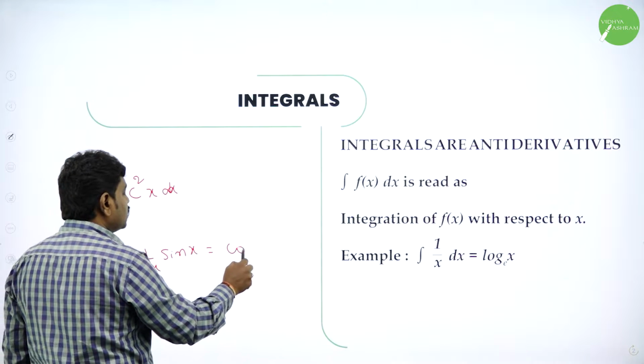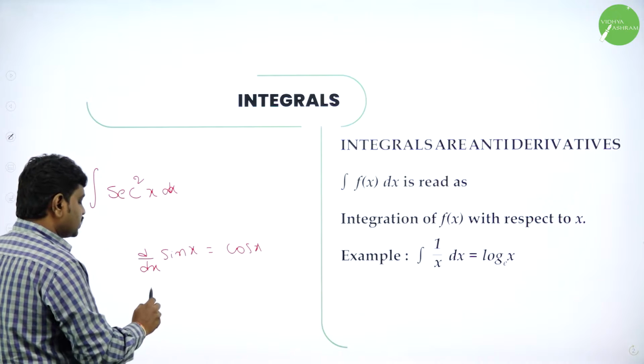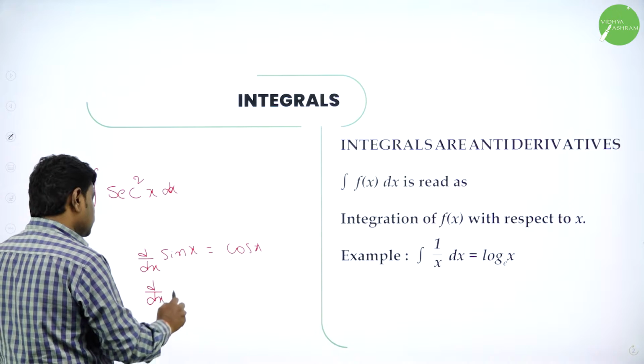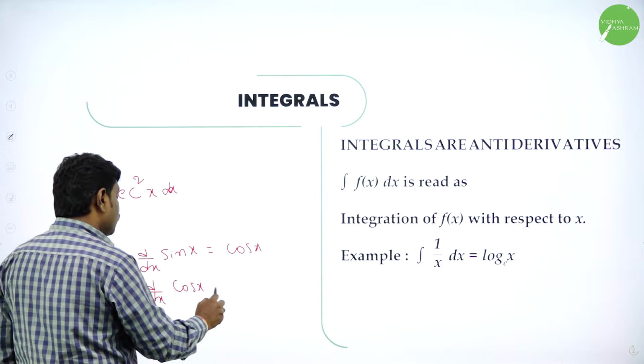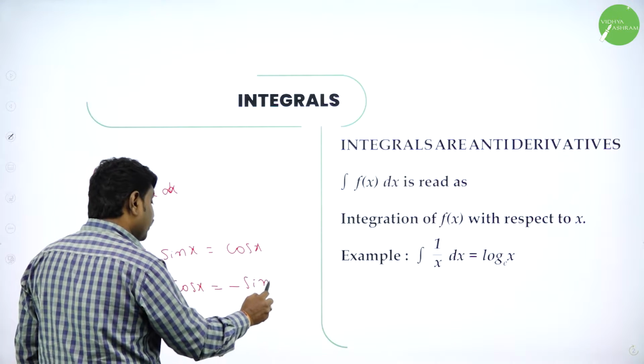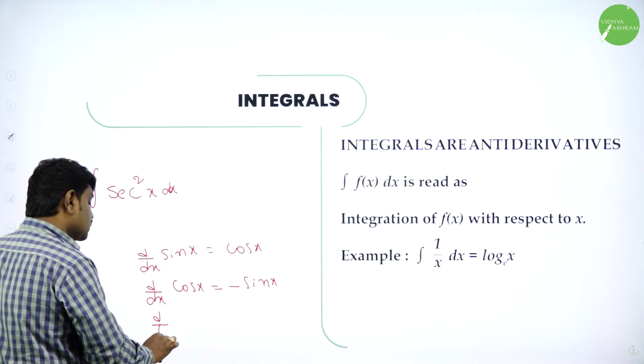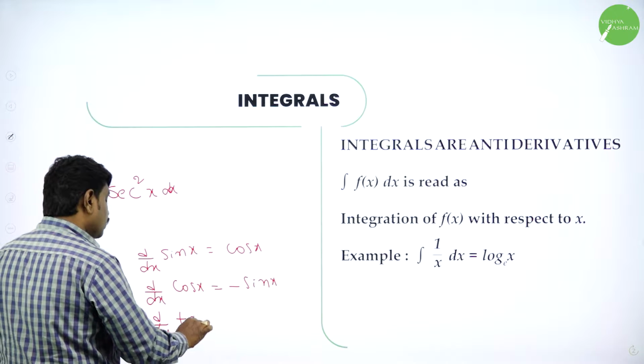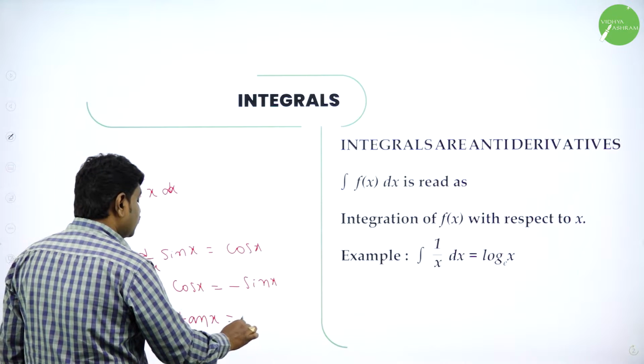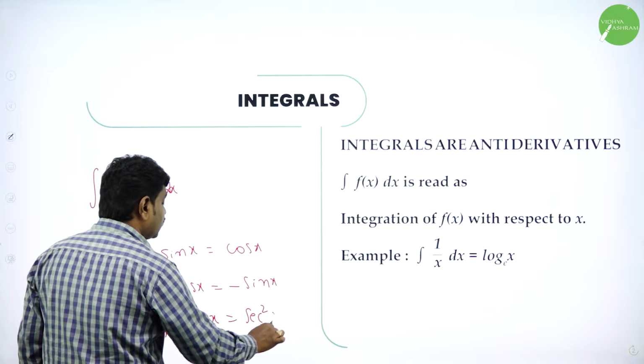Cos x. So if I integrate cos x, I should get sin x. What is d by dx of cos x? Derivative of cos x is minus sin x. Means if I differentiate minus cos x, I will get sin x. And what is d by dx of tan x, my dear students? What is d by dx of tan x? Secant square x. Do you agree or not?